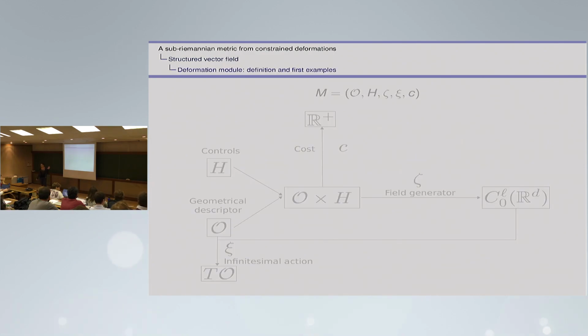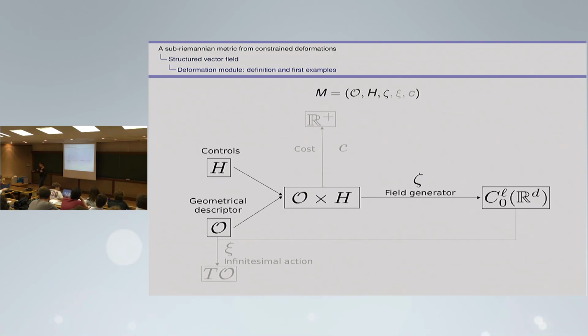And I will now give a more specific definition. A deformation module is a fivefold. And I will explain via this diagram how they interact. So as I said, the idea is to build vector fields. So a deformation module is going to be first defined by a field generator, which is a function that can generate vector fields.